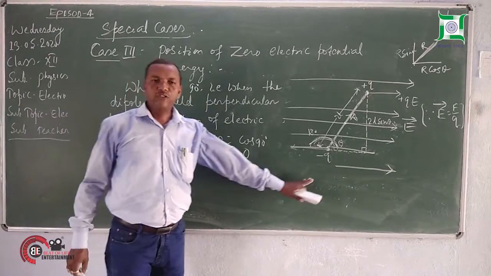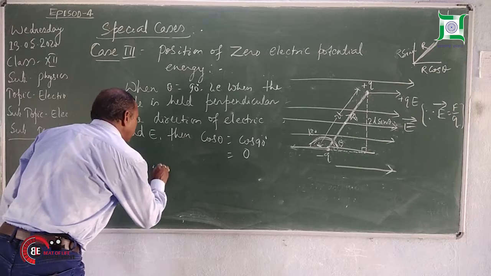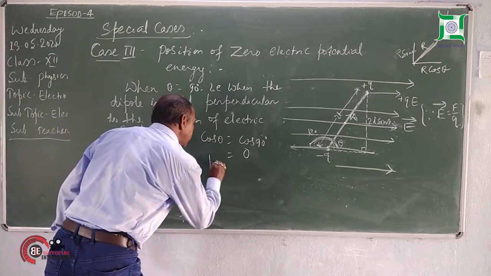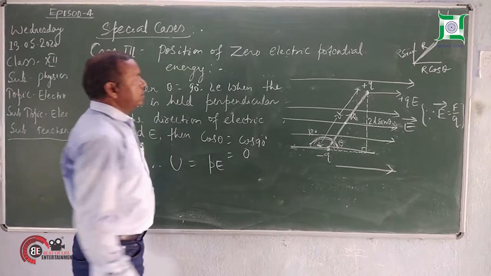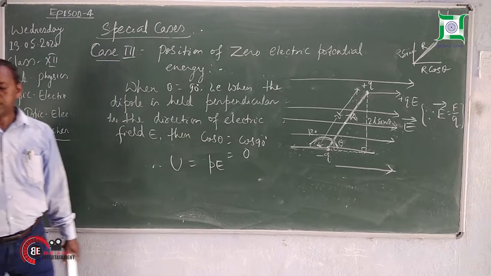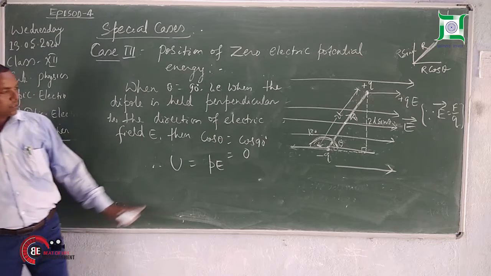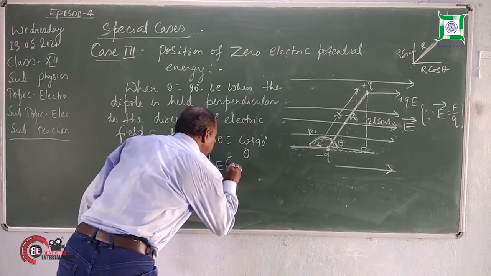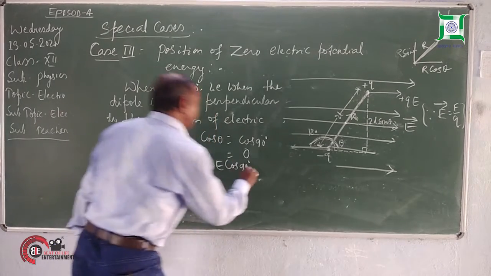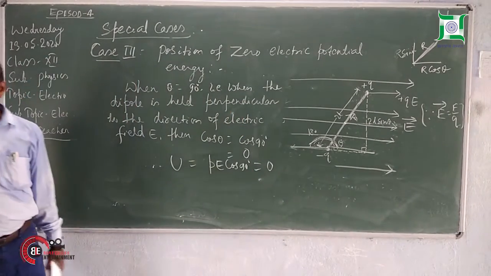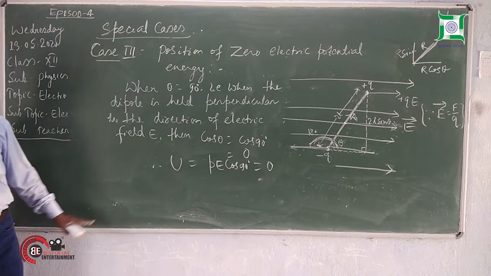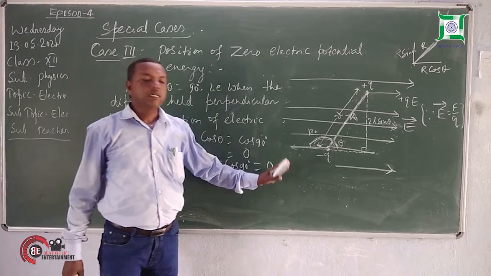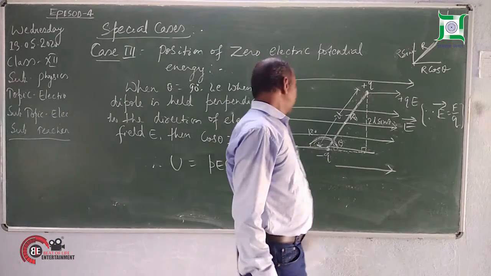So the expression for electric potential energy of the dipole will be U equal to minus PE cos theta, which is PE cos 90 degree, and it is equal to 0. So thus the electric potential energy of the dipole is 0 when it is held perpendicular to the direction of electric field.